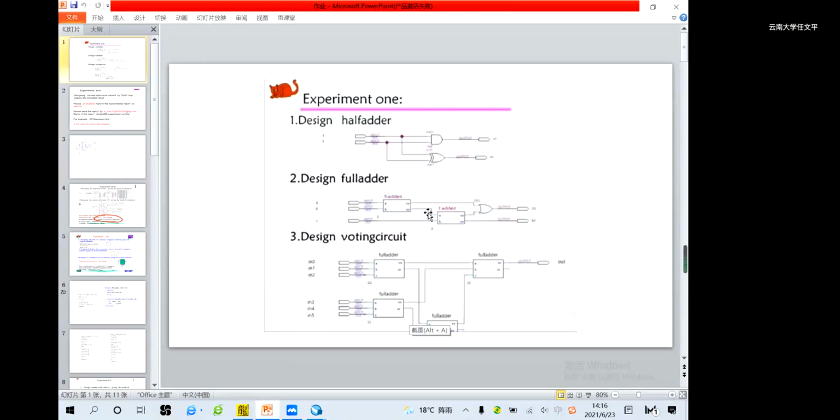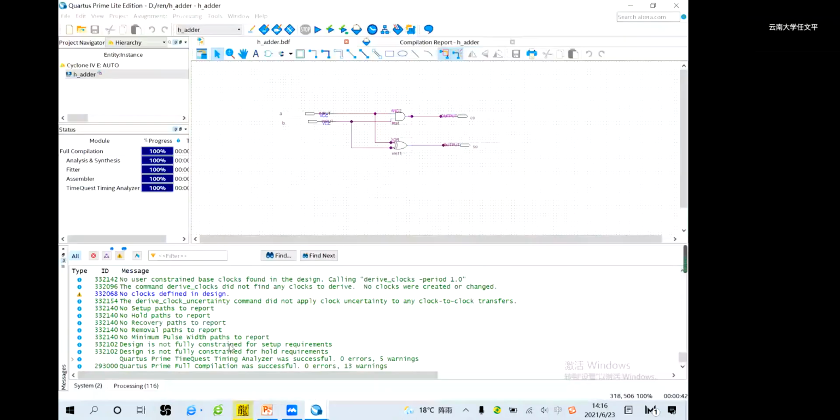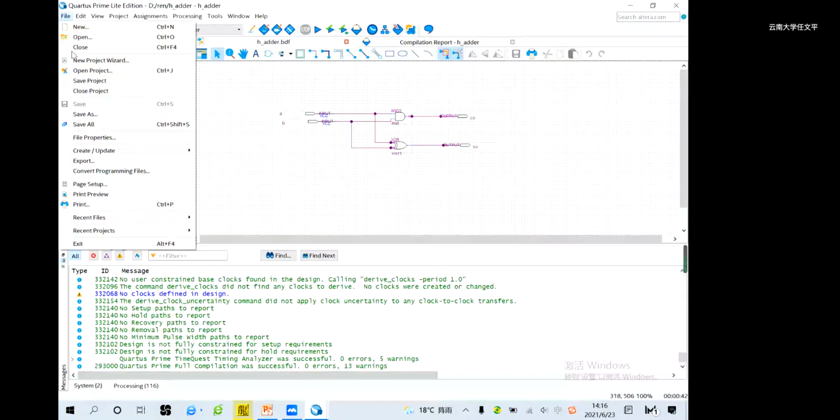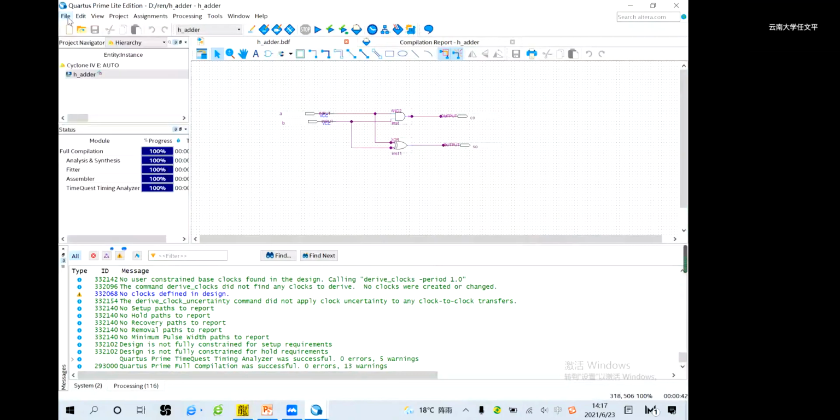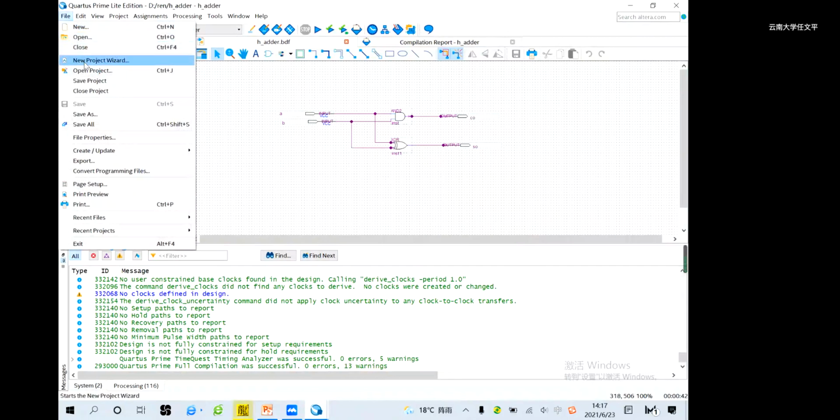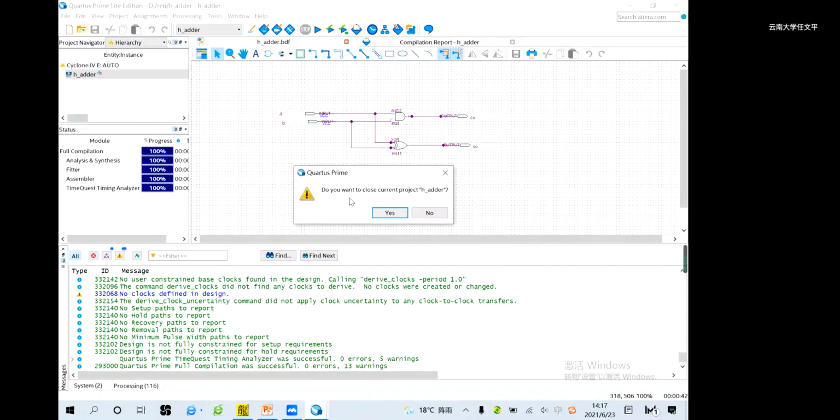I will start to design this circuit. Create a new project. When you start to design a circuit, you must first create a new project. Do you want to close the circuit project? Yes.